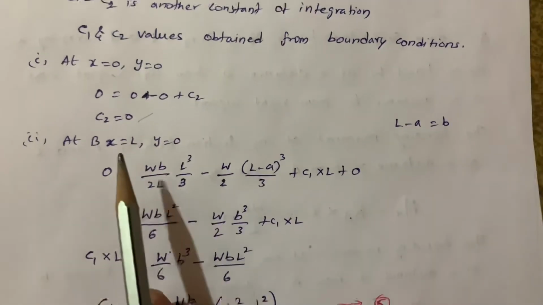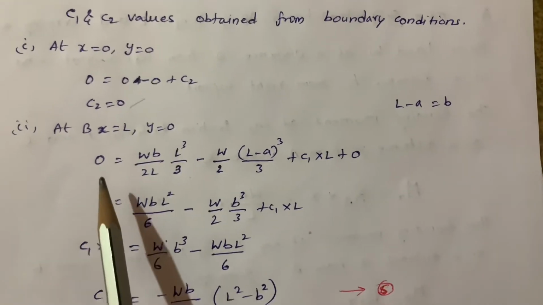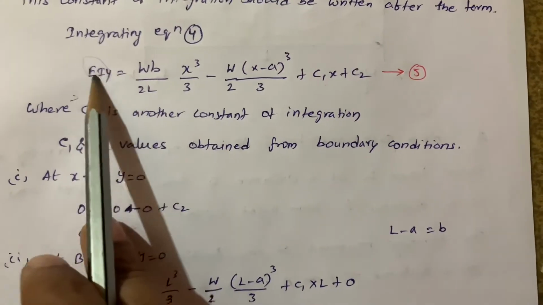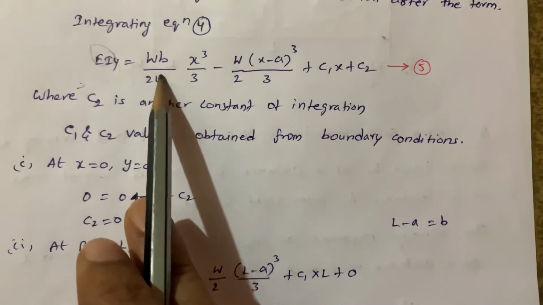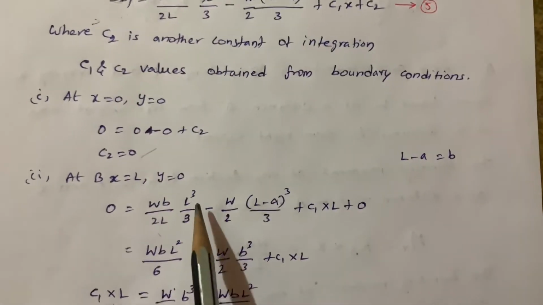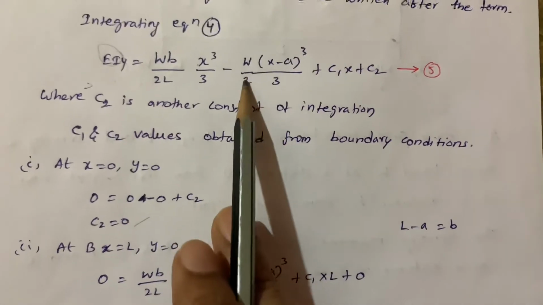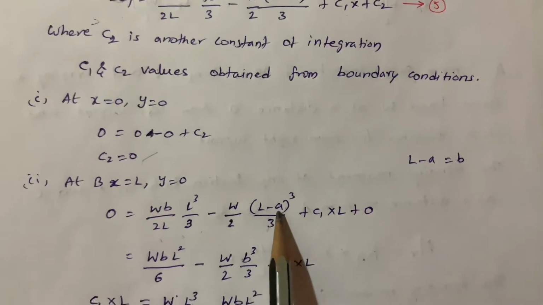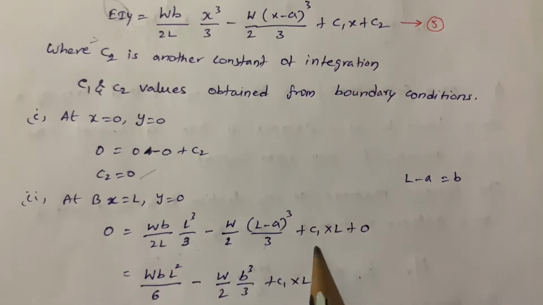Next, at x equal to L, y equal to 0, so this equation is 0: Wb by 2L into L cube by 3 minus W by 2 into L minus a whole cube by 3, plus C1 into L.